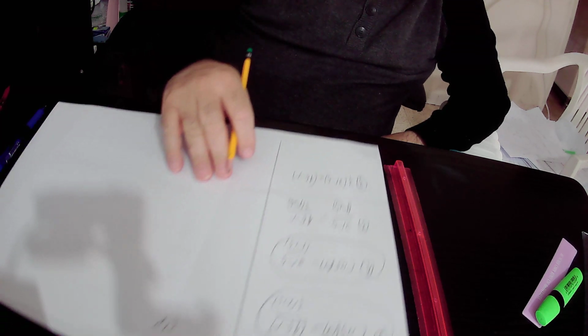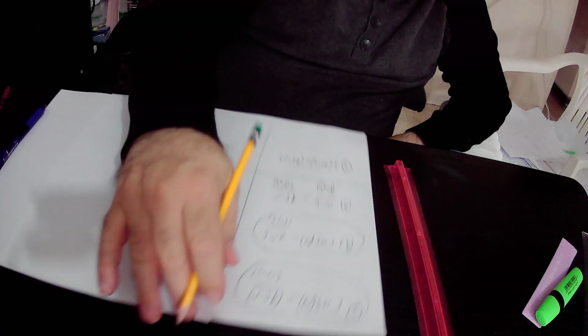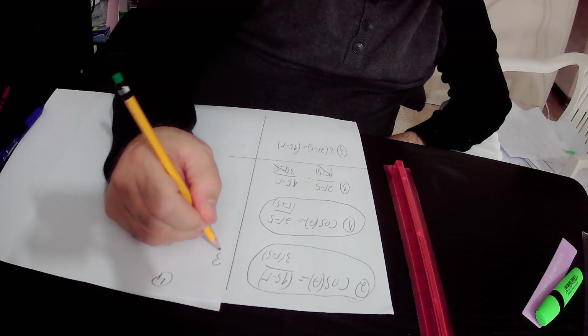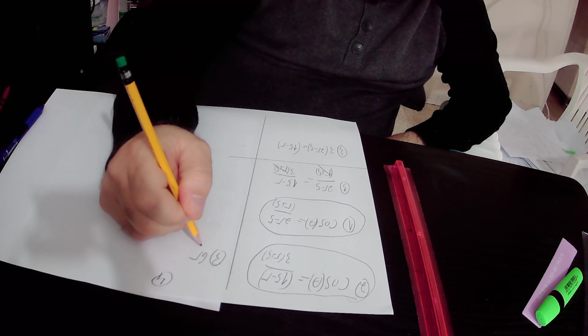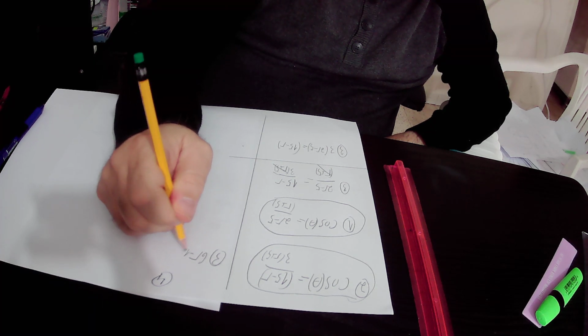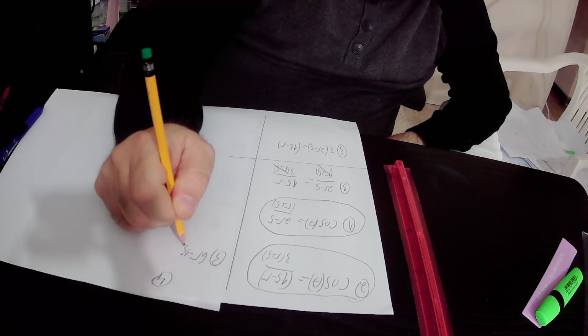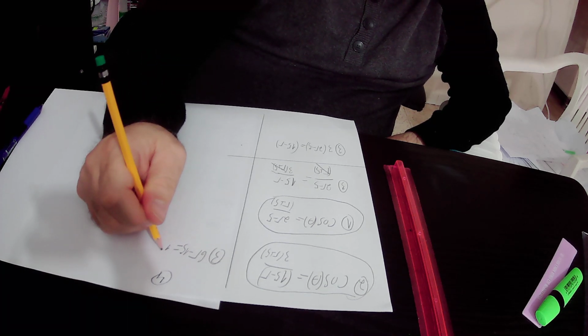We will open the brackets on both sides of equation number 3, and we will get that 3 times 2r is 6r, and 3 times minus 5 is minus 15, and it is equal to 15 minus r.